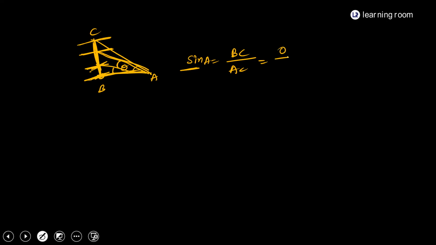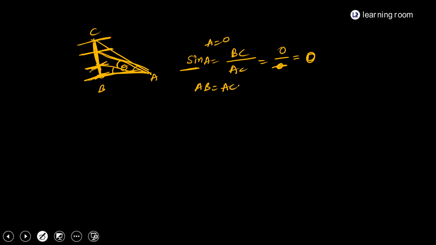So 0 by a non-zero value, since AC is equal to AB, right? So it will be 0 if A equals 0. Then AB equals AC.